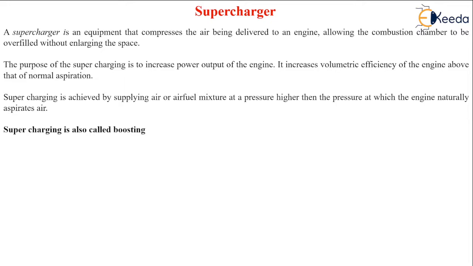However, in case of a CI engine, if the ignition delay is smaller, this will lead to a reduction in knocking. So the supercharging concept basically involves the increase of pressure of the incoming air.